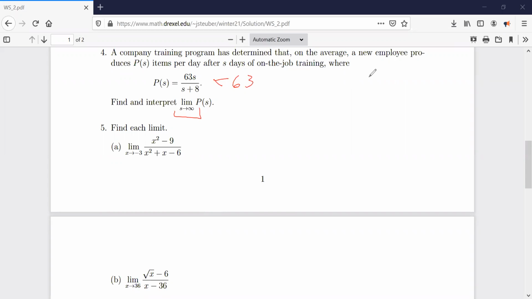Because if I had, say, 63S divided by S plus some massive number, then I don't care how long you're going to work, the infinity here isn't really relevant, but we kind of pretend that it is.